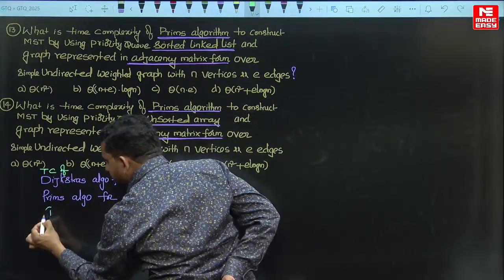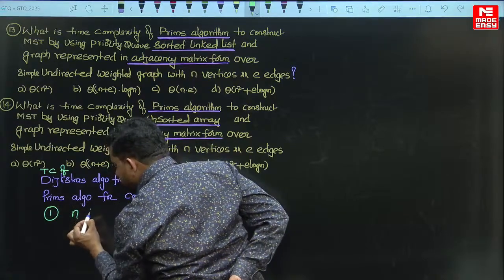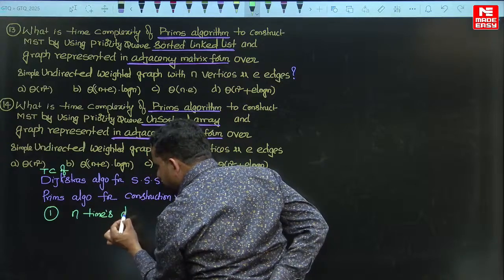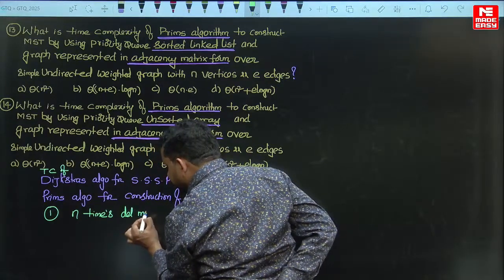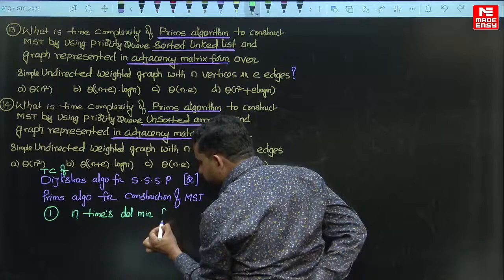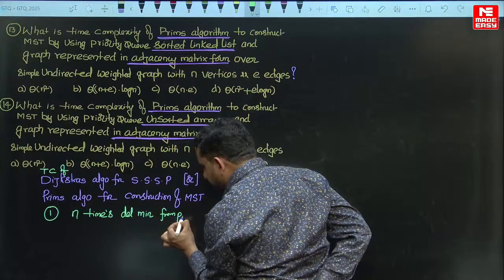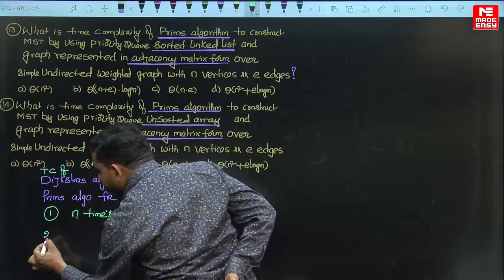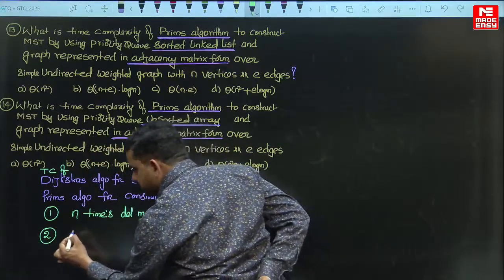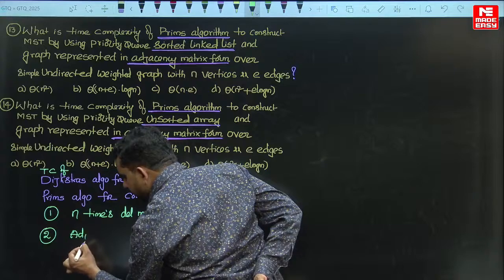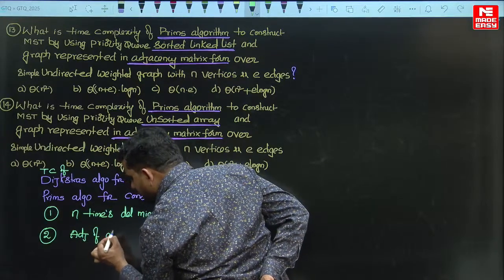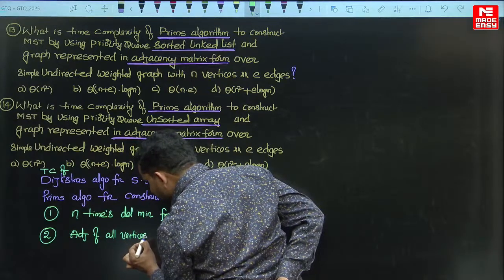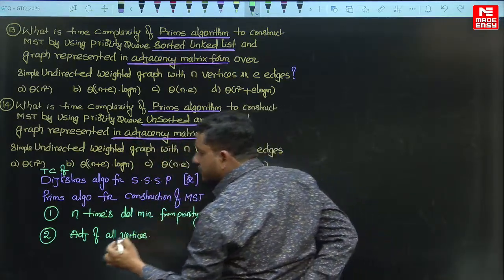Mainly three important things. One, n times delete min is required from the priority queue, which is one important cost. Second, we need to find the adjacency of all vertices.